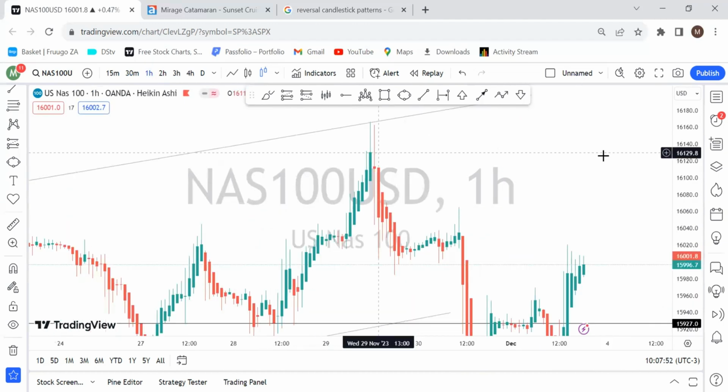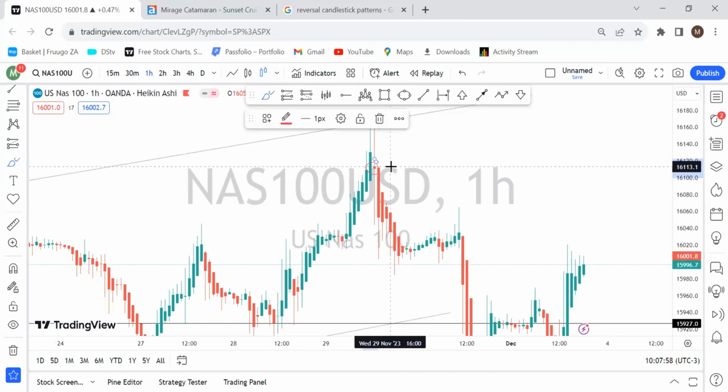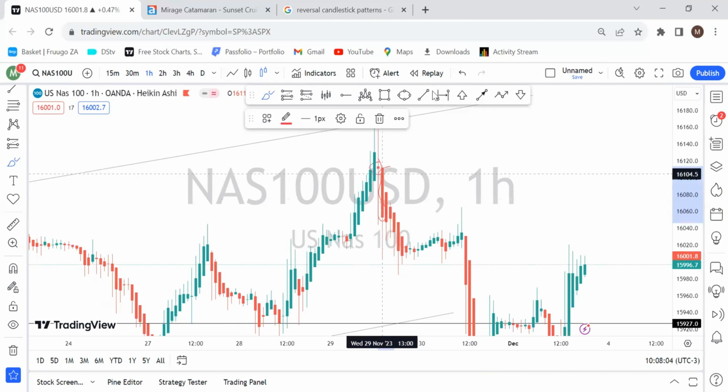And yeah, so what you could have done is consider that reversal, wait for a bearish movement, which was this huge bearish movement right here. So it gives you a clue of the amount of momentum it has.